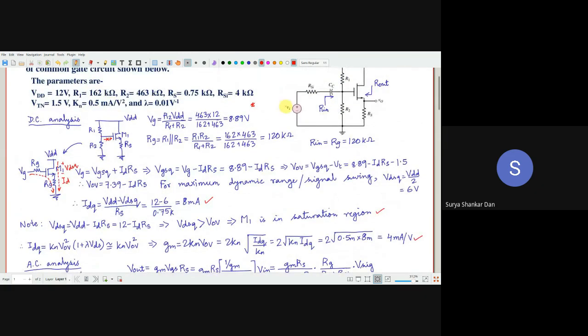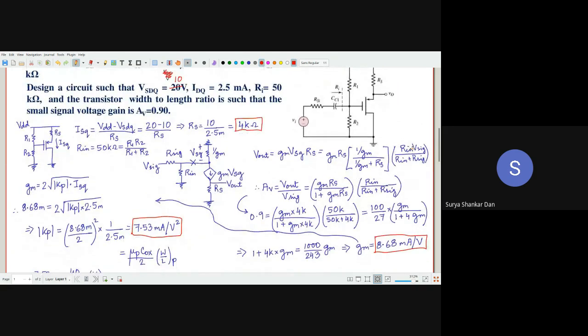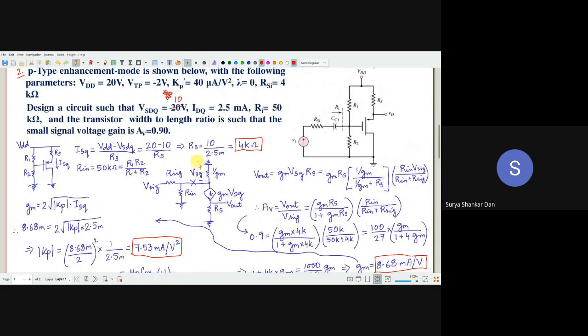We chose VDSQ as half of VDD, that is 6 volts; VDD was 12. So here it is half of VDD, that is 10 volts. Again, that is provided in the question. IDQ is provided in the question. Input resistance is provided in the question, as well as AV. Now you have to find out the values of the resistances.